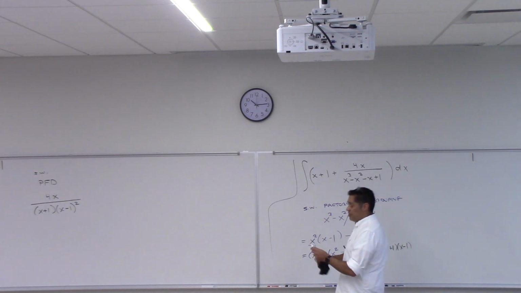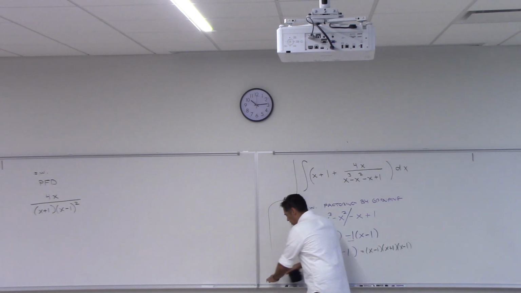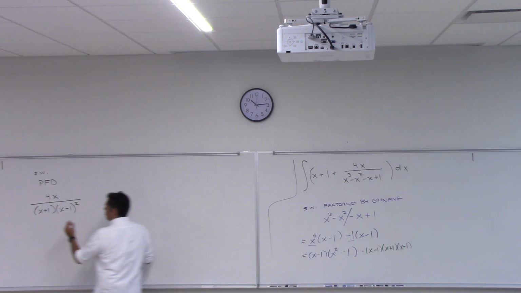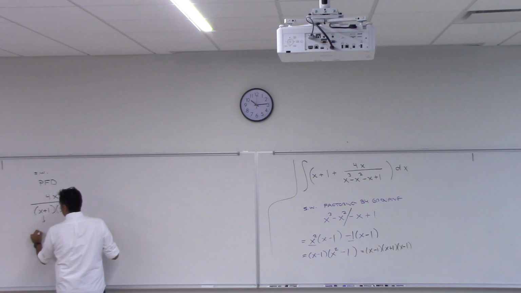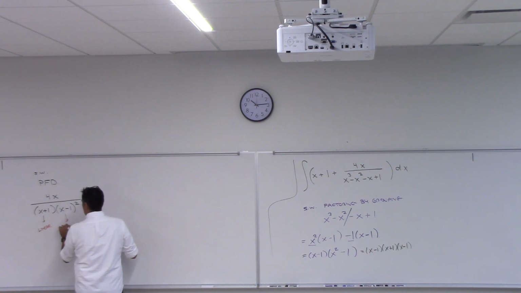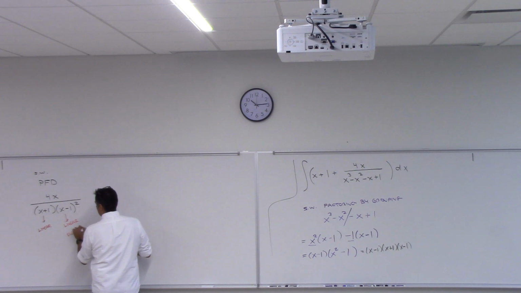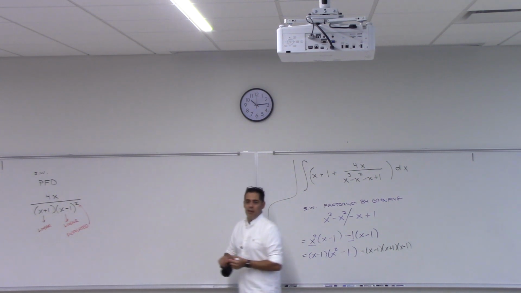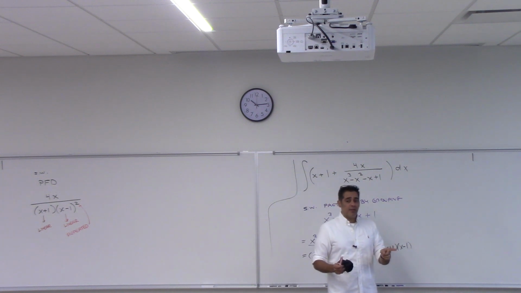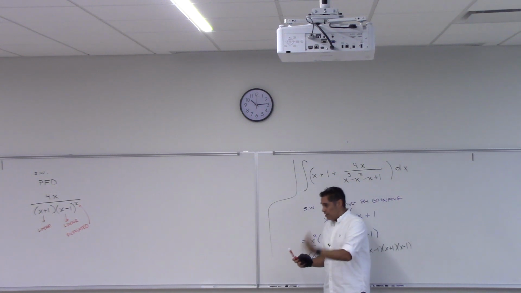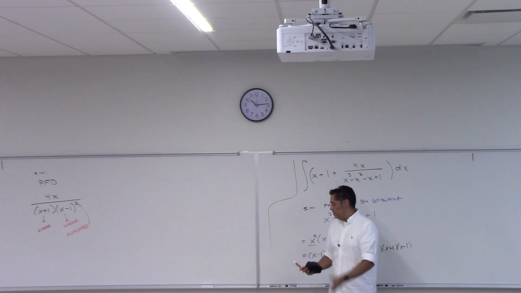So what I'm going to notice now, and this is the first time we've had this, is that this right here is a linear factor, but it's repeated, because we have the squared. And we deal with repeated linear factors differently than single linear factors.